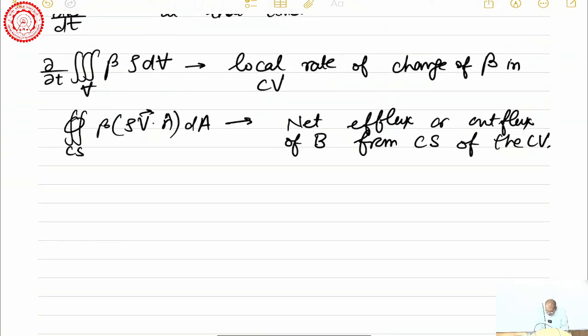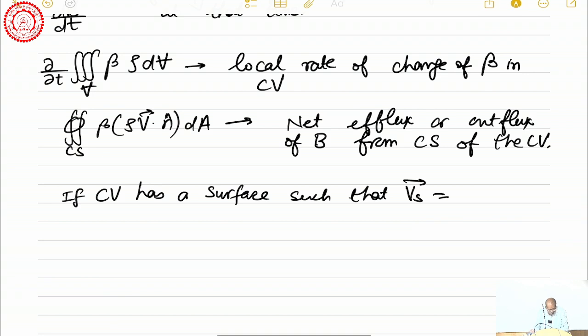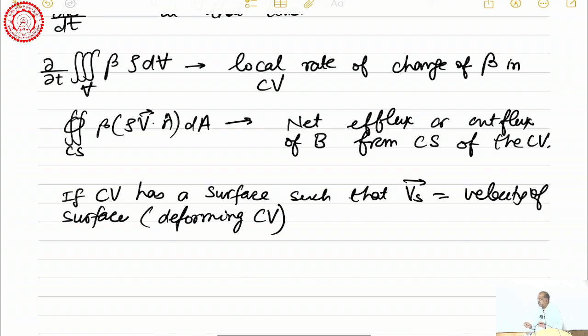Now, first thing we see is if the control volume has a surface such that Vs is the velocity of the surface. If the velocity of the control surface is not 0, then the control volume is deforming, because it is either expanding or shrinking, or maybe expanding at some place and shrinking at some place.